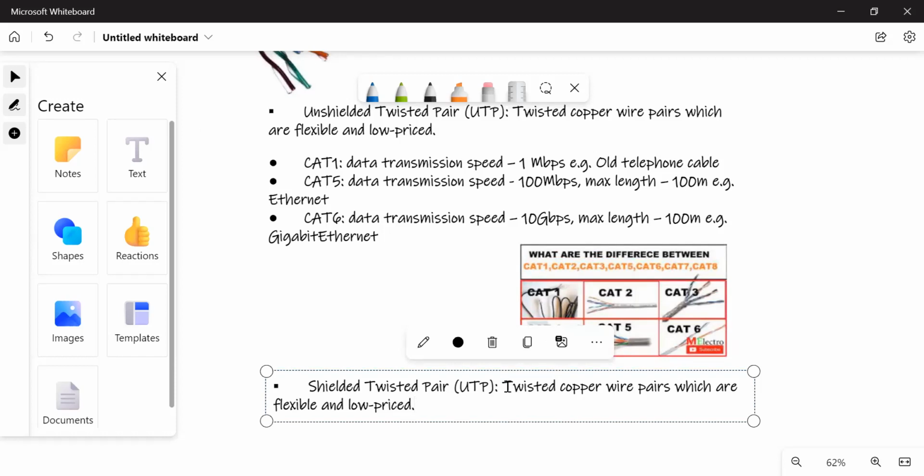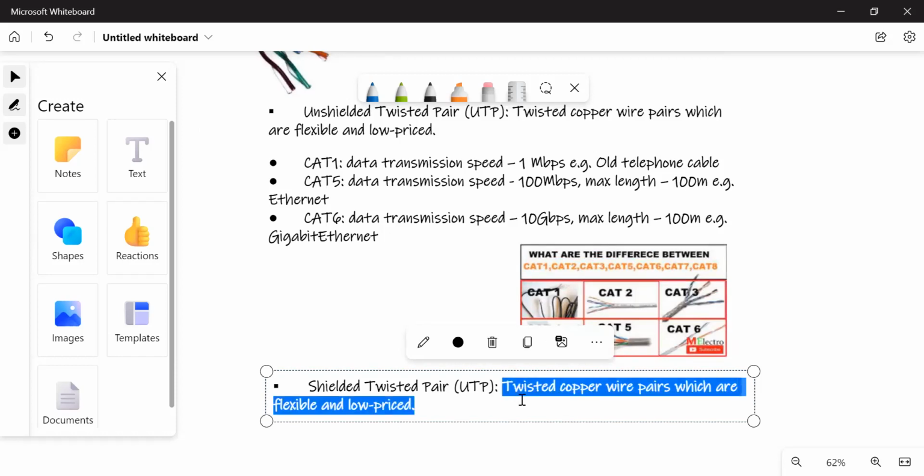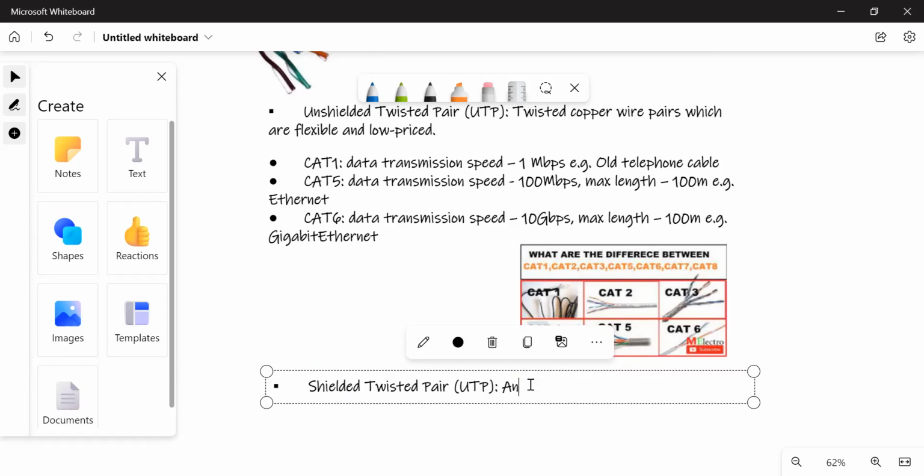Now, in shielded twisted pair, what we have is an outer cover added. The reason for adding the outer cover is for better quality and security, right? So let's take down the shielded twisted pair, or STP in short.